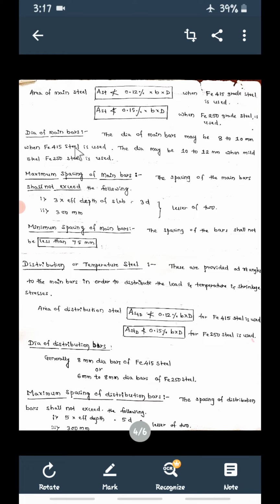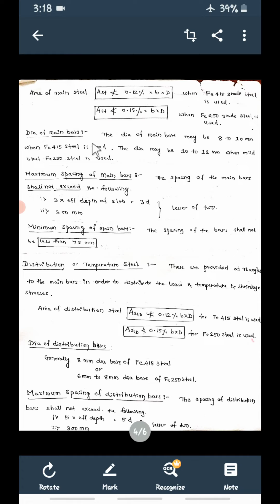Next, the diameter of main bars. Which bar diameter is going to be used? Now remember, slab thickness will always be less. Hardly it will be around 150 mm or 200 mm maximum.